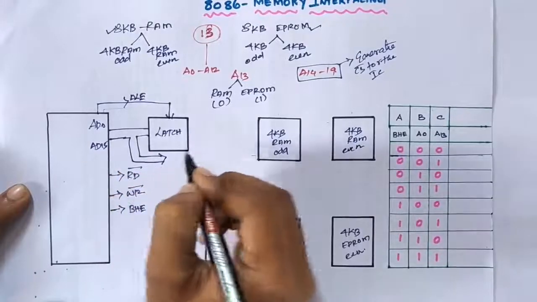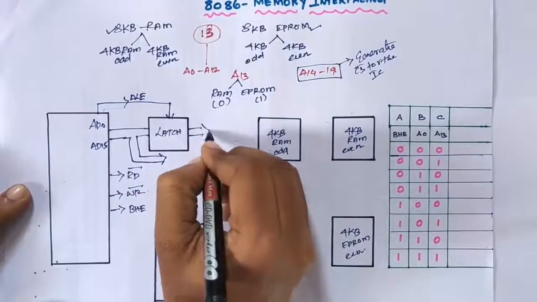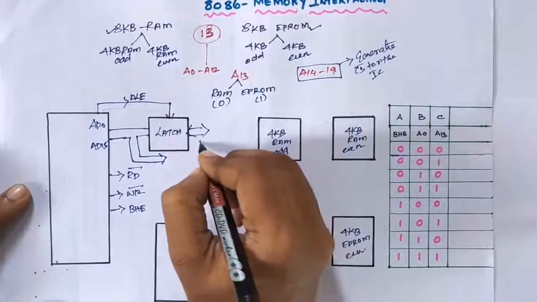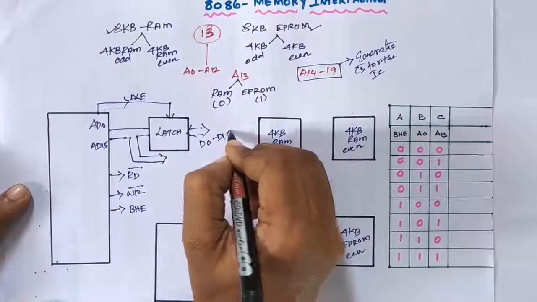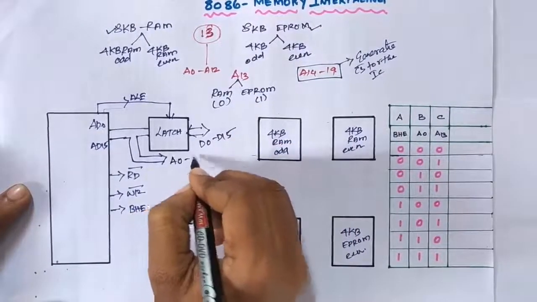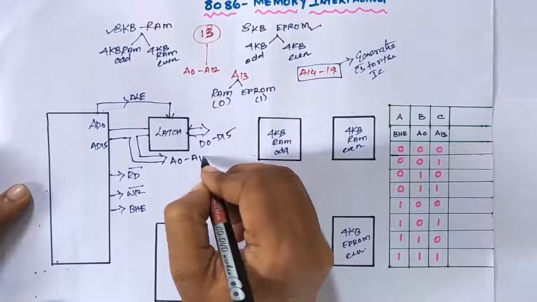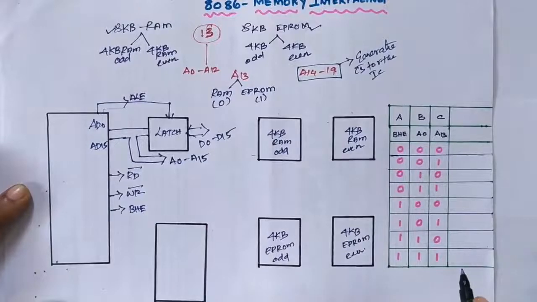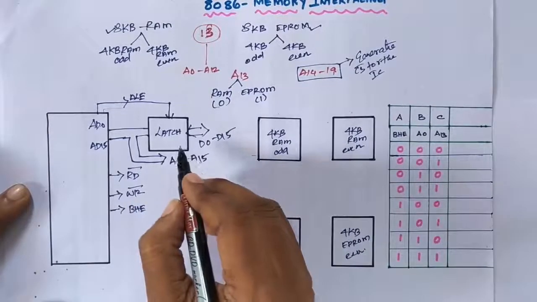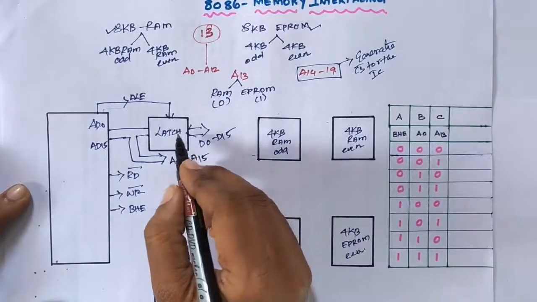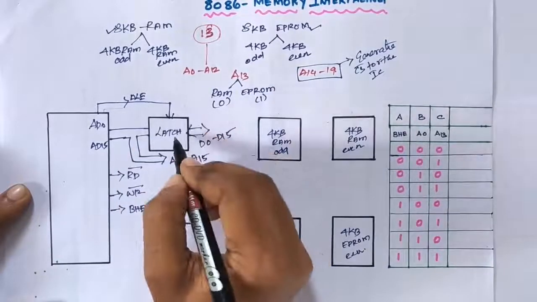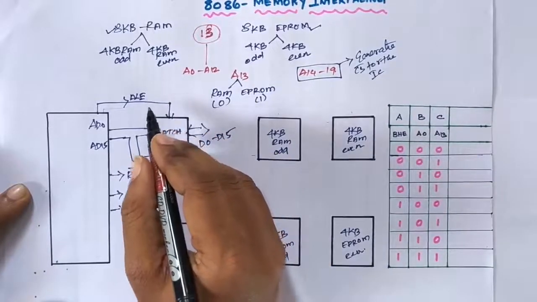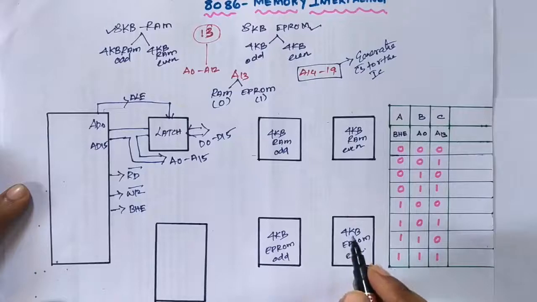This is for the address lines A0 to A15, and this is for the data lines D0 to D15. This is the way you can demultiplex the address and data lines with the help of the latch and the ALE line available in the microprocessor.